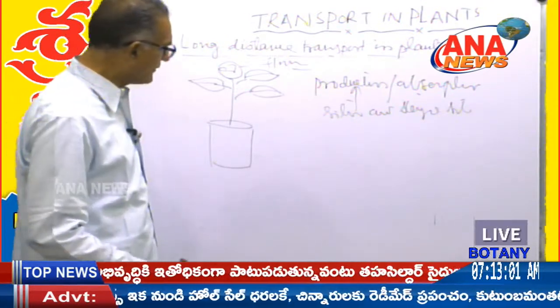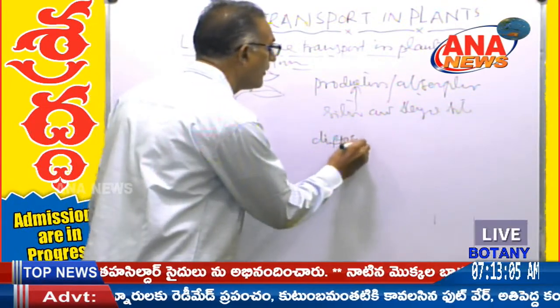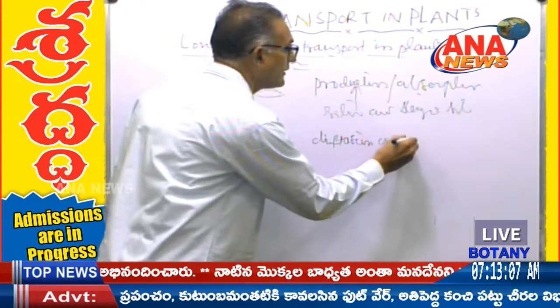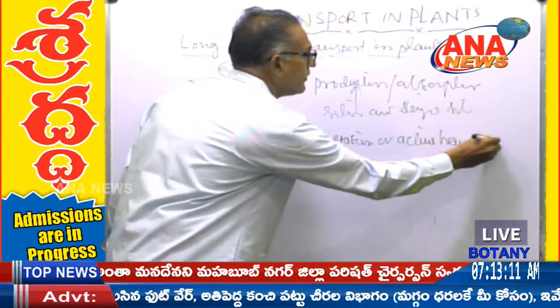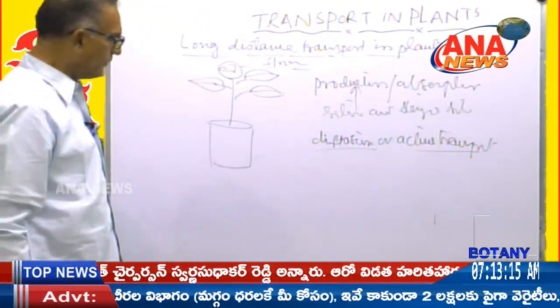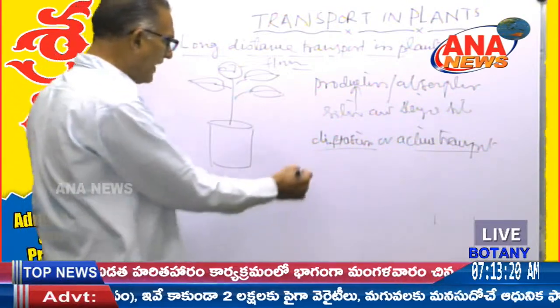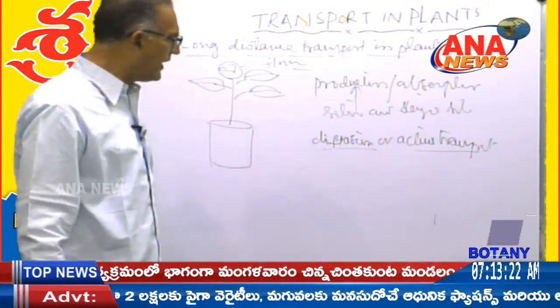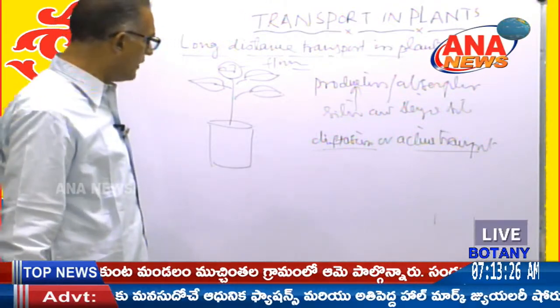Hence, diffusion or active transport, where you know the substances are moved by consuming metabolic energy, that is active transport, while passive movement is diffusion. Diffusion and active transport do not satisfy long distance transport in plants.